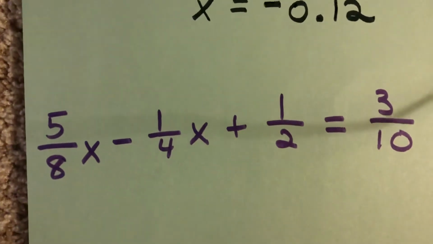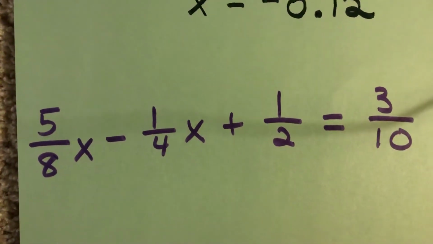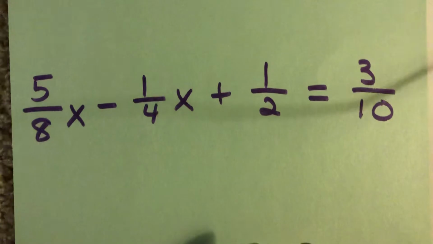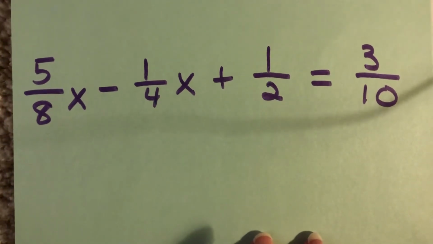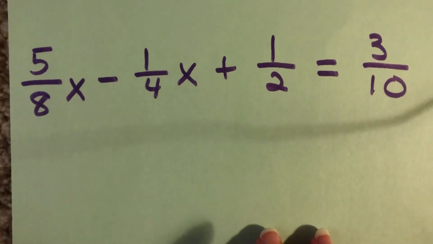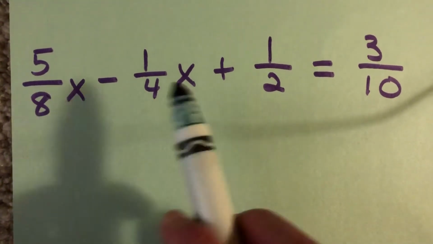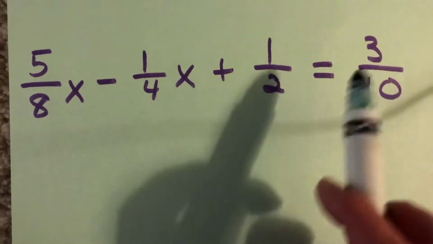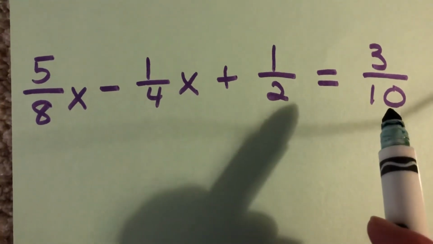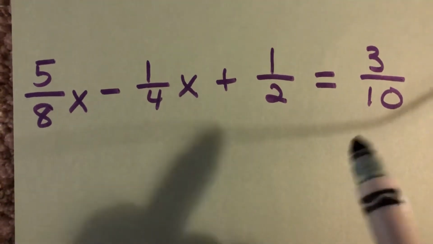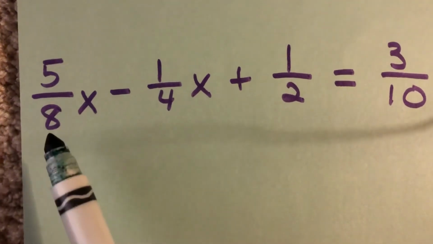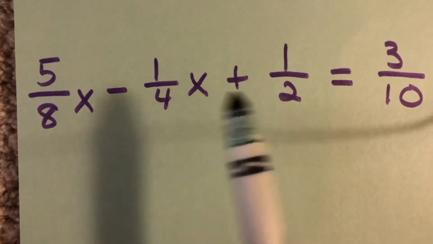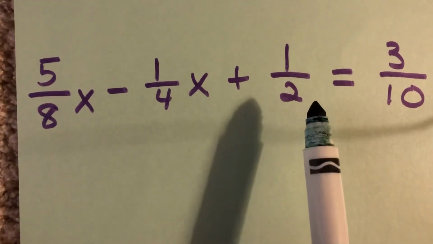In this next problem, I'm going to demonstrate a method where you clear the fraction by finding the least common denominator. One way to find the least common denominator is to take the biggest number, which is 10, and start listing the multiples of 10, like 10, 20, 30, 40, 50, and so on. But you can stop as soon as you get to a number that is divisible by all of the other numbers.